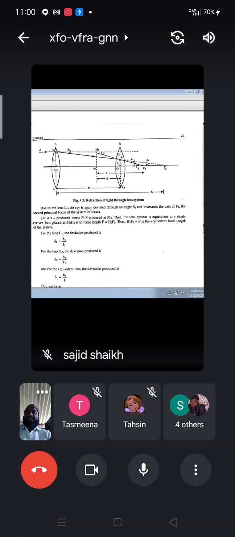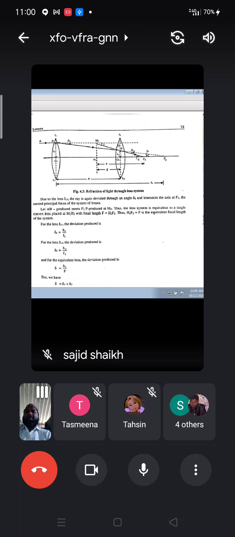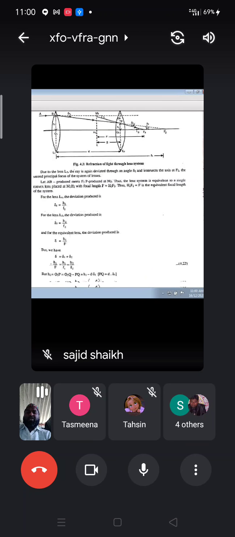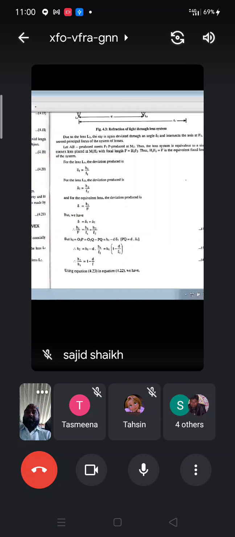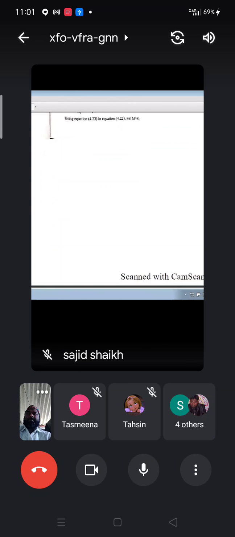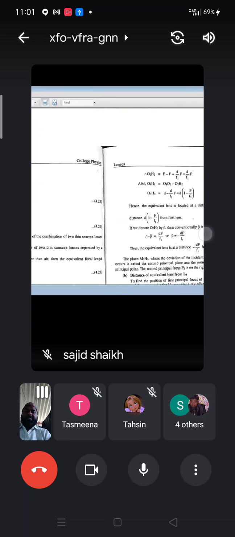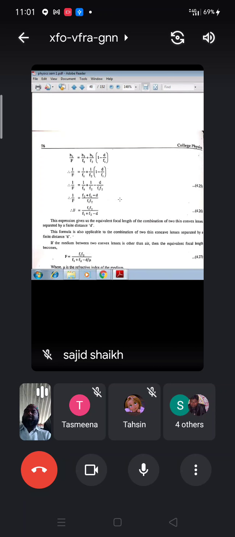Then we do all the mathematical steps, and we will get the equation for the equivalent focal length of the system of two thin convex lenses separated by the finite distance. That equation is very simple, and you just have to remember it. Here this equation is visible to you.